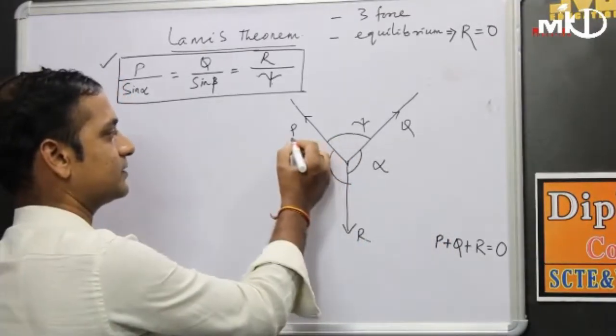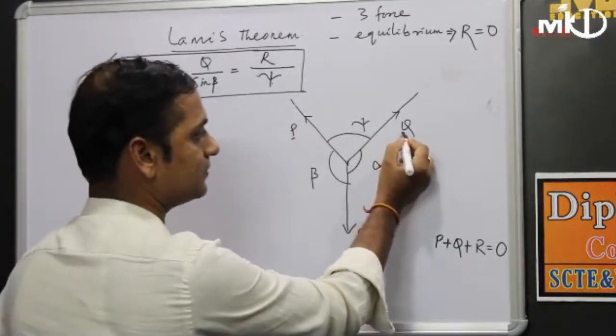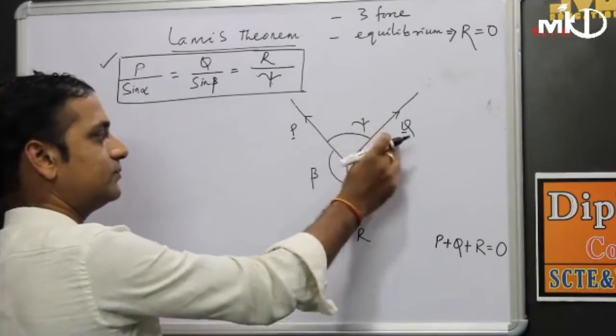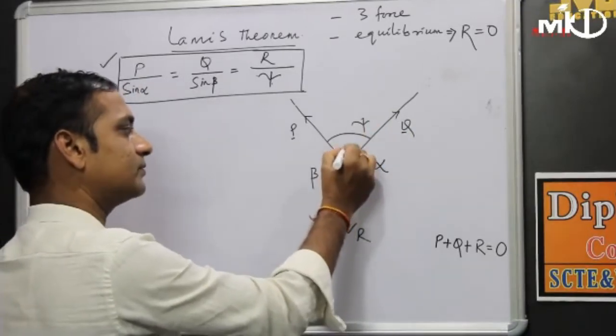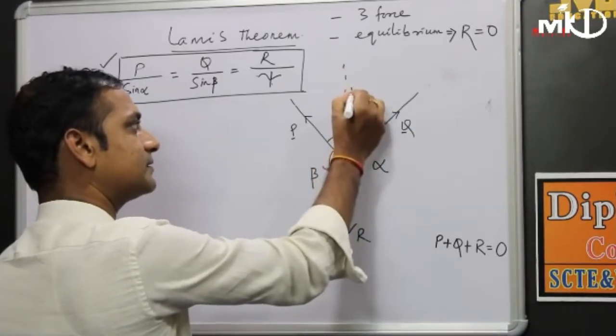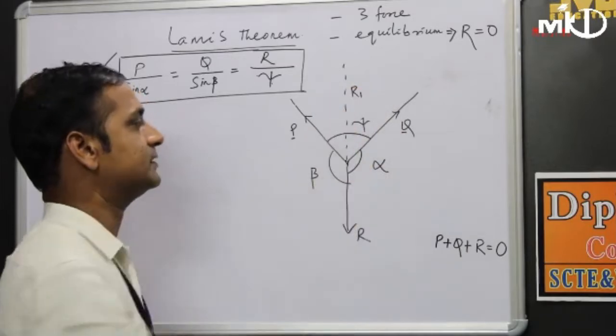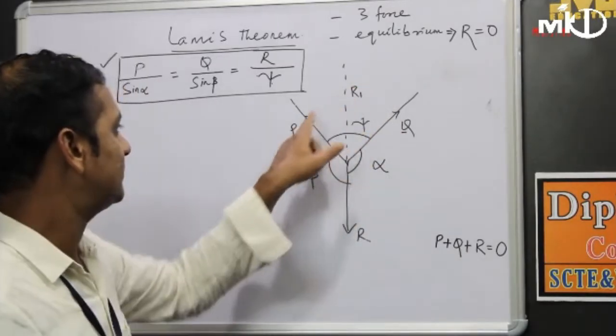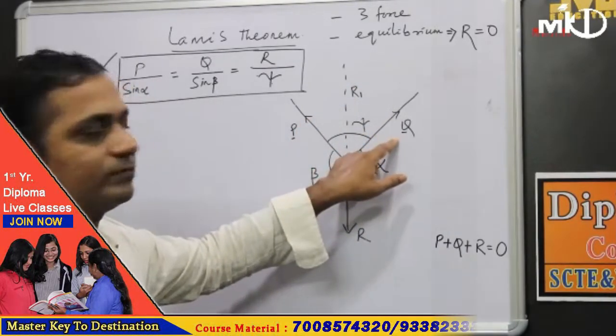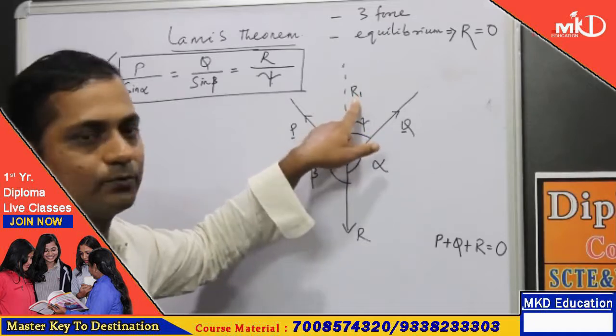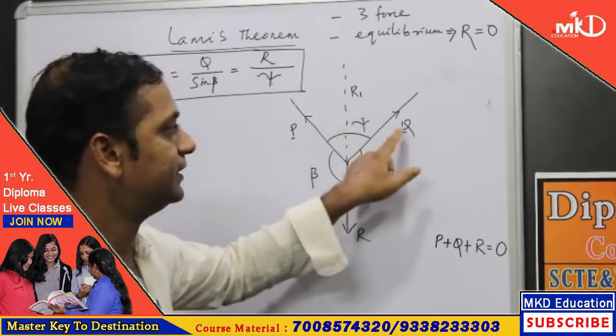If I take the first force P and second force Q, then the resultant of the two forces will come here. Let that resultant magnitude be R1. This is the resultant of forces P and Q, or you may say it is the net force of these two forces P and Q.